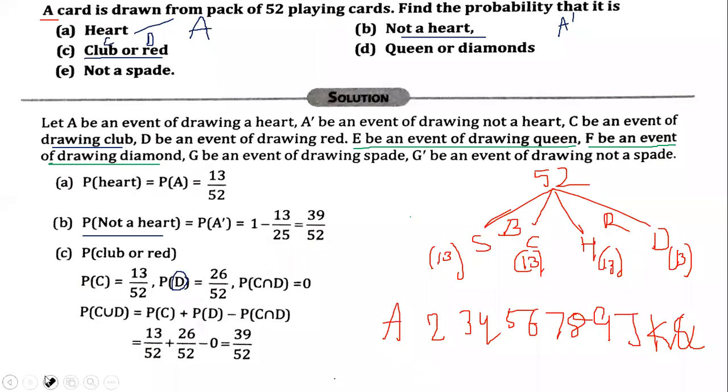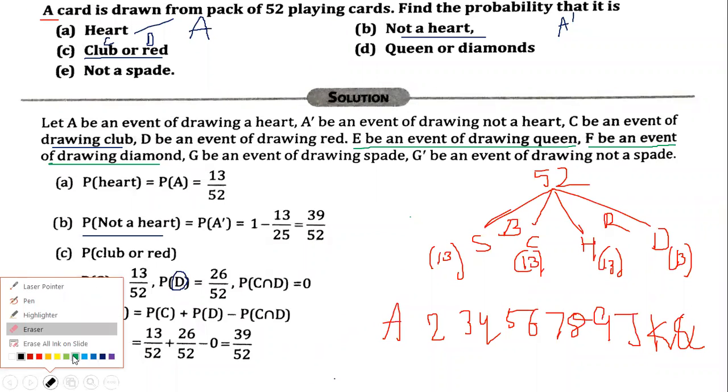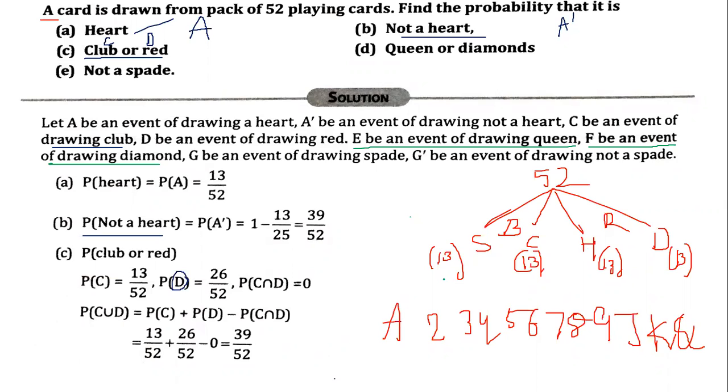Now they have asked us firstly to derive how many queen cards are there. So in total we have four queens, one queen in every set. So we have four queens out of 52 cards. This will be event E. What is event E? Drawing a queen card.